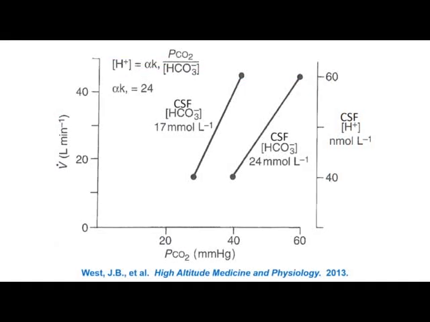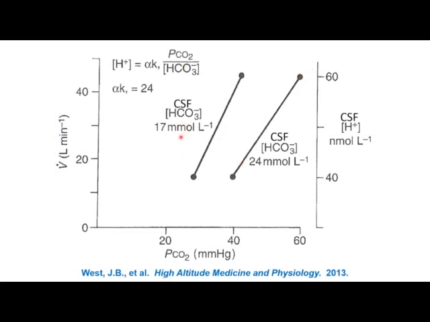So what we see here is minute ventilation, PCO2, and cerebral spinal fluid hydrogen ion concentration. In individuals with a higher CSF bicarb, minute ventilation will increase as PCO2 increases, according to this line.